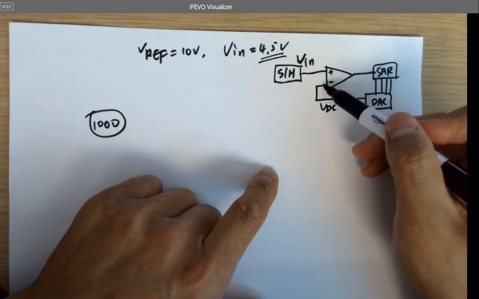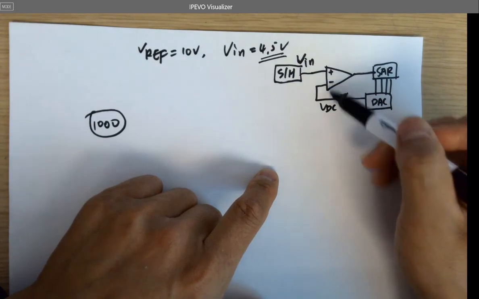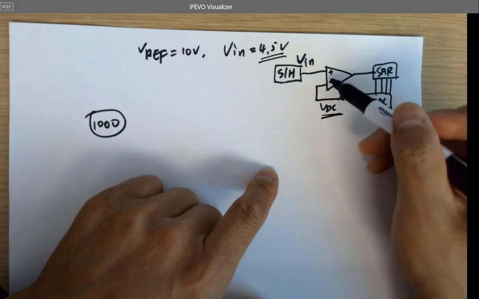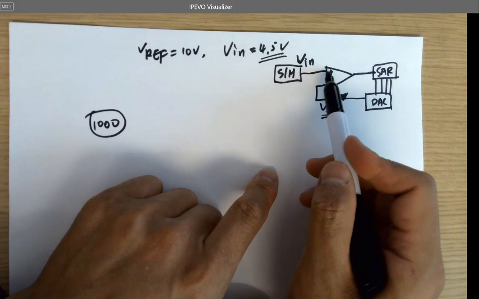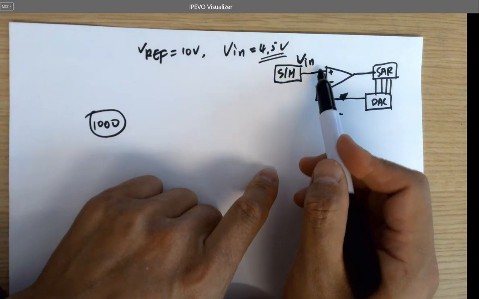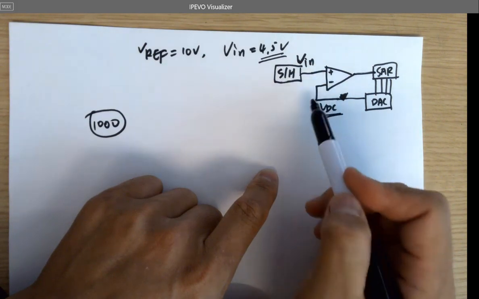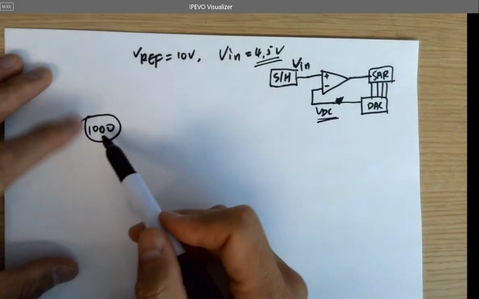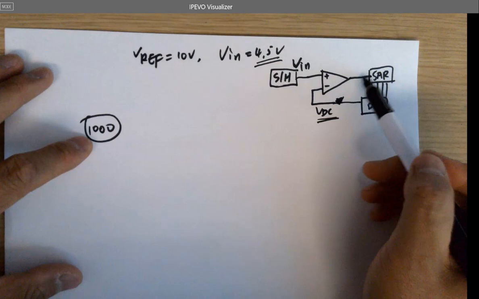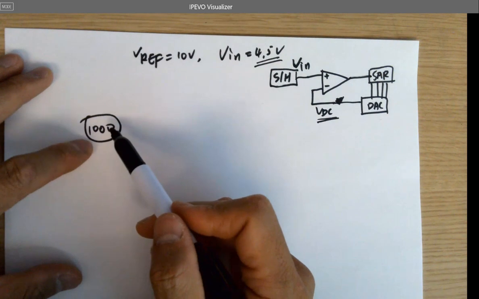Remember, VDAC is connected to the inverting terminal, not the non-inverting terminal, and VIN is connected to the non-inverting terminal, not the inverting terminal, which is important because this determines the output of the comparator. You want to plug in the numbers, okay?